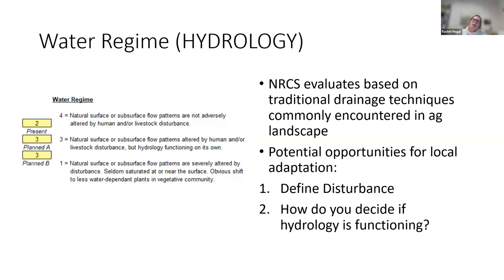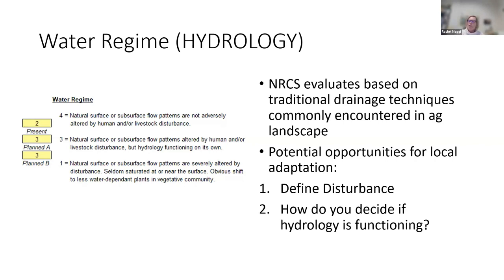And so I think some potential opportunities for local adaptation can be defined disturbance in your county. What are the types of common hydrology disturbances that occur in wetlands across your county and in your watersheds? Maybe it's multiple counties. I'm not exactly sure how it works, but within your evaluation work group area, what are the common types of disturbance? And I feel like a companion guide to Biology Tech Note 14 would be really, really helpful.